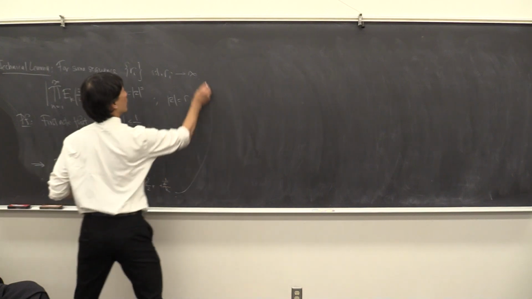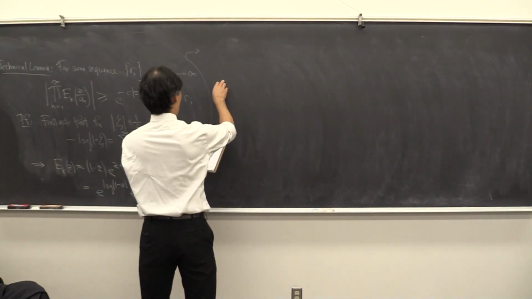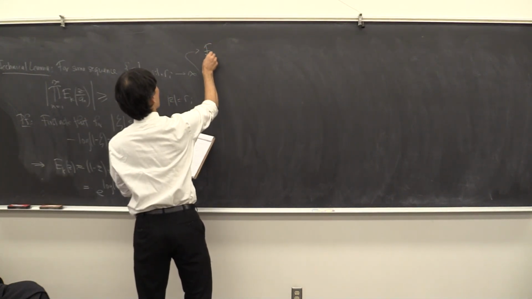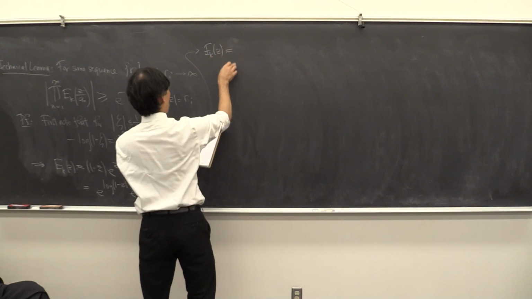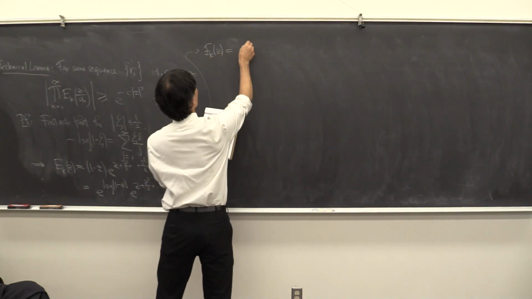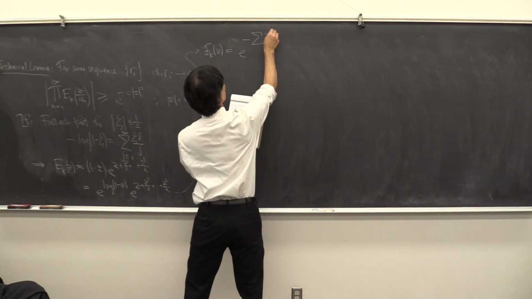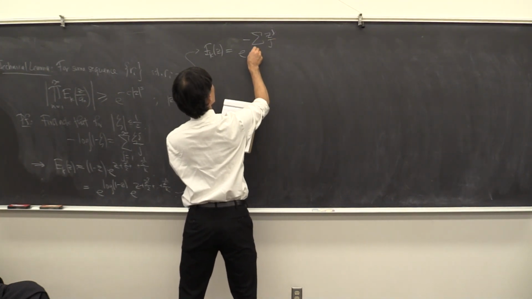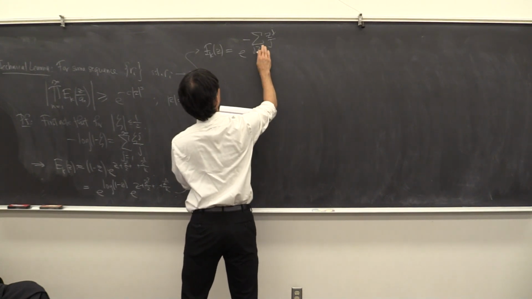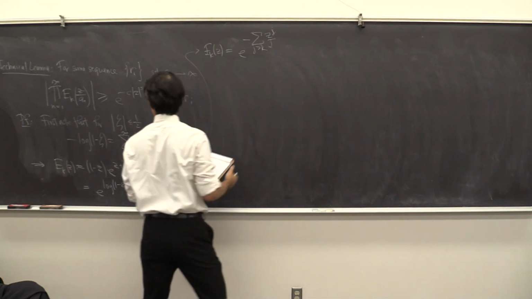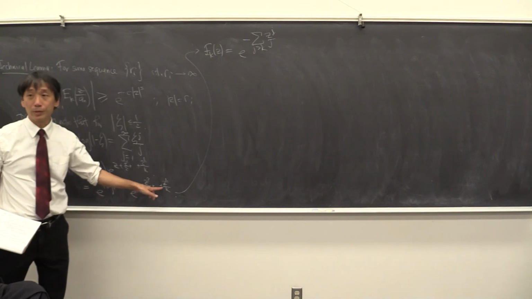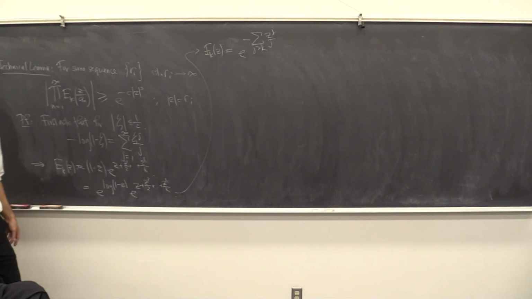So you get that E sub k of z is e to the negative sum of z to the j over j for j greater than k, because you lose the first k terms.